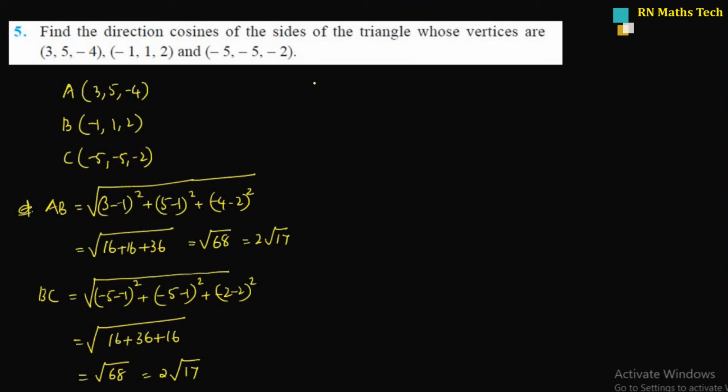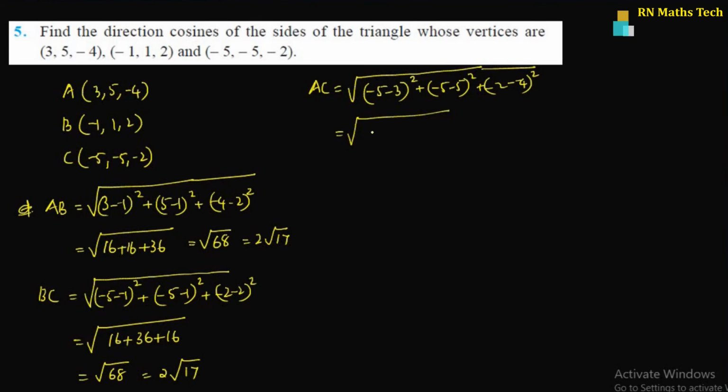Now AC is equal to root of minus 5 minus 3 the whole square plus minus 5 minus 5 the whole square plus minus 2 minus minus 4 the whole square. That is root of 8 square 64, 10 square 100, then 2 square 4. That's equal to root of 168, which is 2 root of 42.